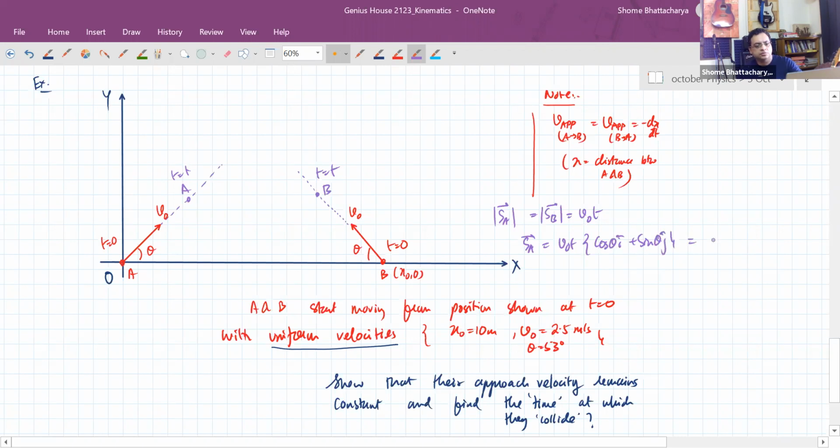So it will be V naught, which is 2.5 T, into 0.6 i cap plus 0.8 j cap. But B's displacement will just have a negative x component, of the same magnitude, but more importantly, the same y component.